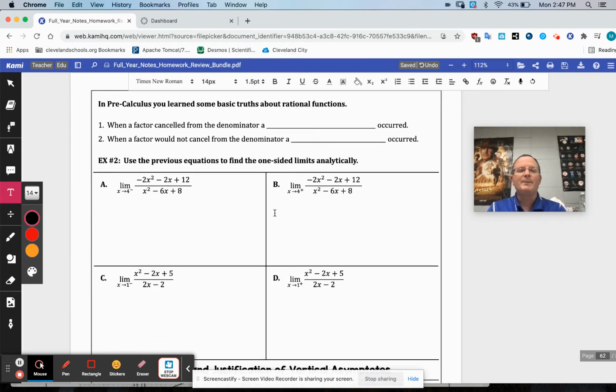And so we've seen these before. When factors canceled from a denominator, this is where you have a hole or non-removable discontinuity.